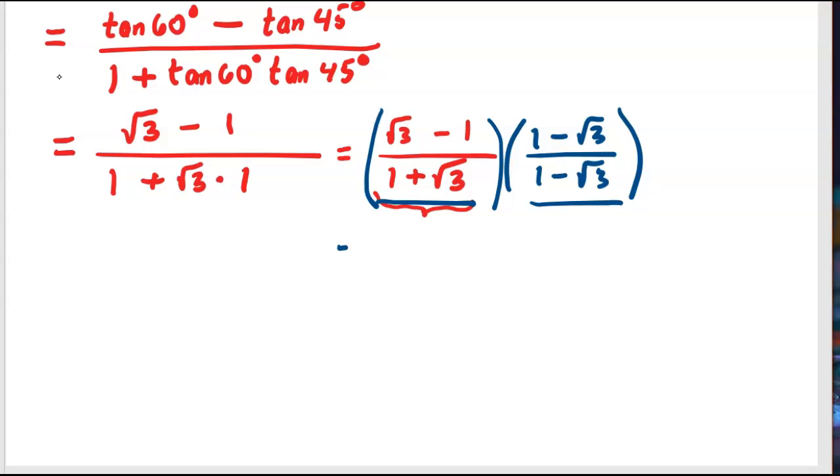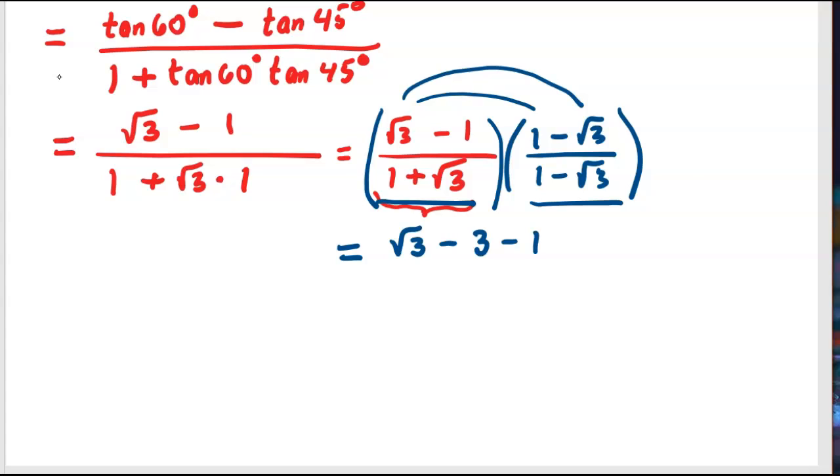All right, so let's see what happens. The numerator still might have a radical, but the denominator will not, every single time. So I'm going to FOIL. Root 3 times 1 is root 3. Root 3 times root 3 is 3, so I have minus 3. Negative 1 times 1 is negative 1.